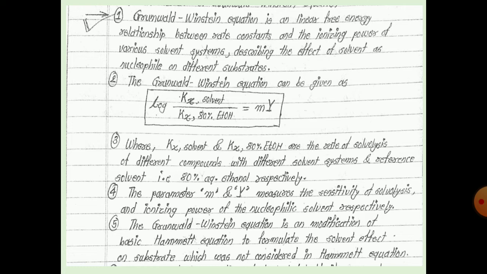The parameters m and Y measure the sensitivity of solvolysis and the ionizing power of the solvent respectively. Thus the Grunwald-Winstein equation is a modification of the basic Hammett equation, formulated to account for the solvent effect on the substrate, which was not considered in the Hammett equation.